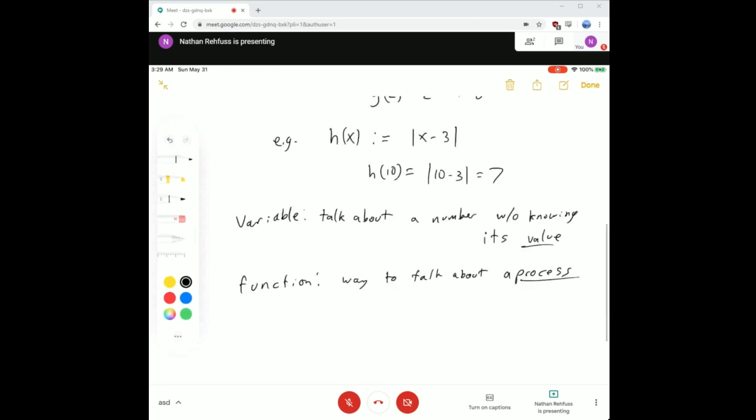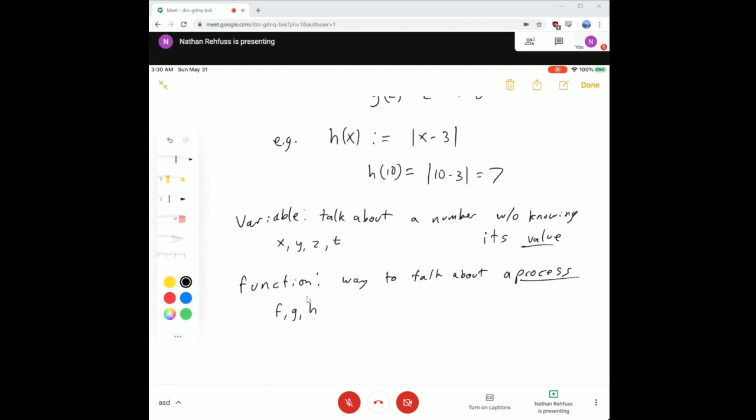And typically for variables, I'll use letters like x, y, z, maybe t. For functions, the three letters we use the most are f, g, and h. So I will pretty much never use f or g for a variable. I will almost always use those for a function. And I'm never going to use x, y, or z for a function.